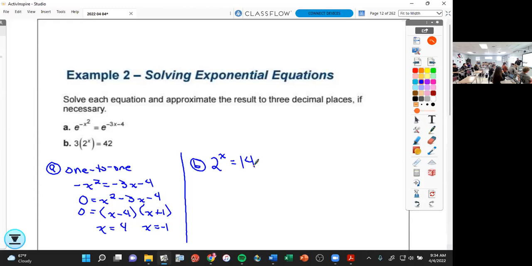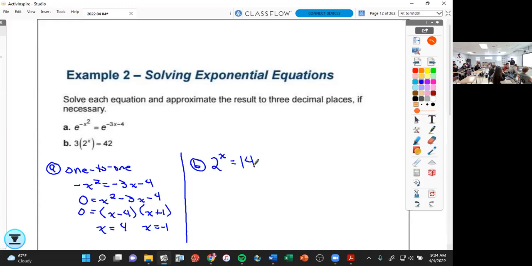What kind of an equation is 2 to the x power equals 14? Where's the variable? It's exponential, right? This is exponential because the power is my exponent.